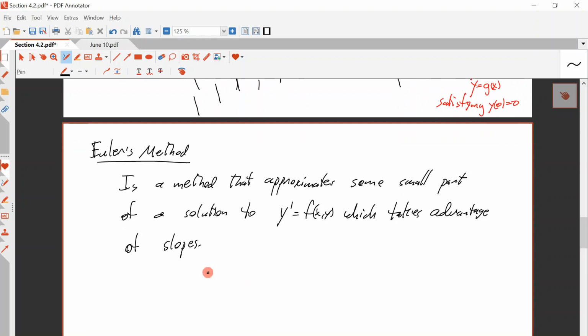Okay, so you start with an initial condition, an initial point x0, y0.